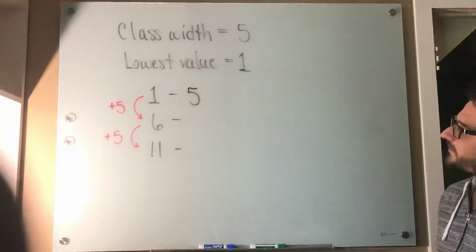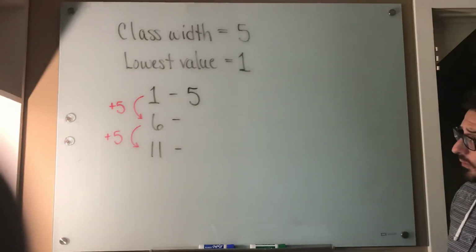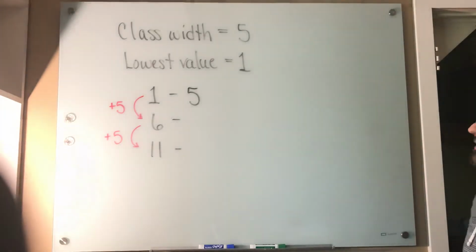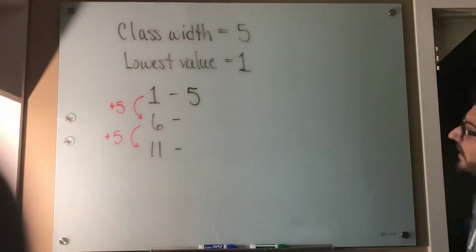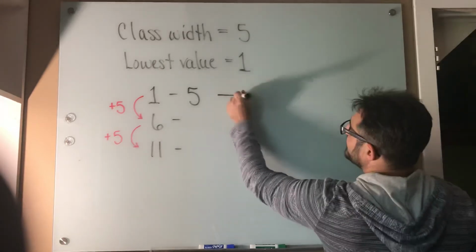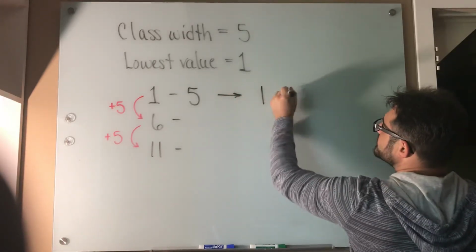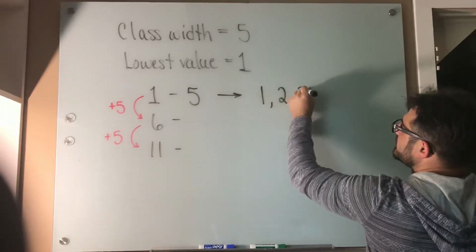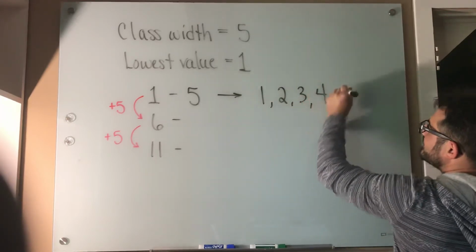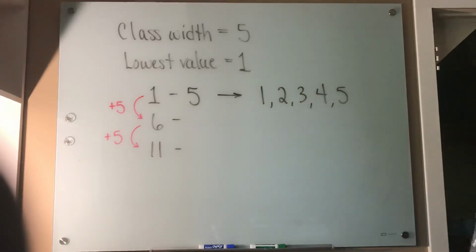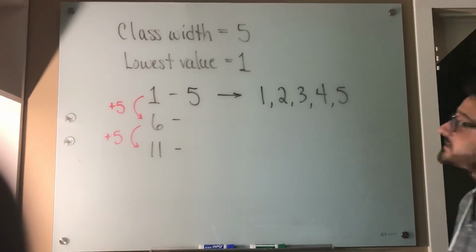Now, this explanation works best with integers, with whole numbers, but if you're careful, it can work on decimals as well. The class 1 to 5 actually includes the values 1, 2, 3, 4, and 5. There are literally 5 numbers in that class.